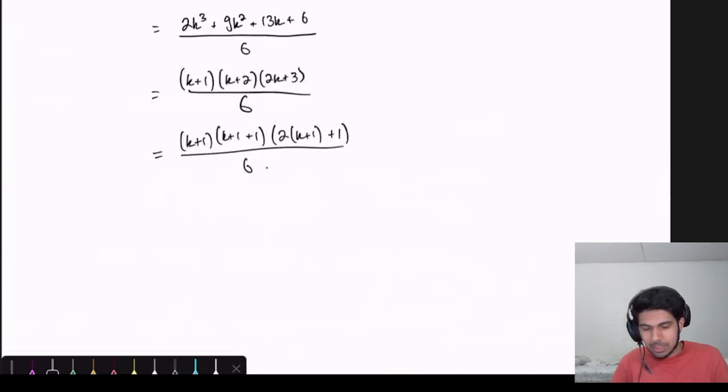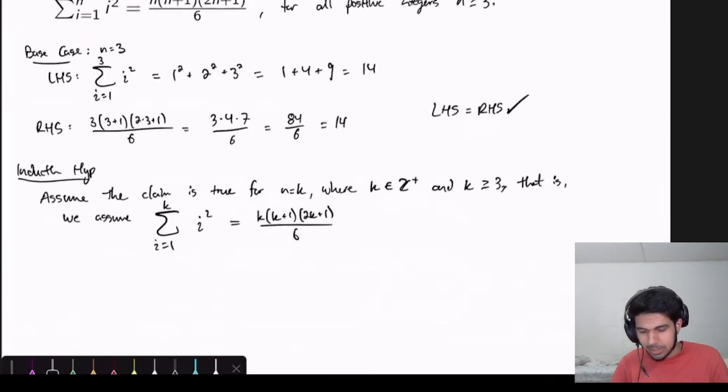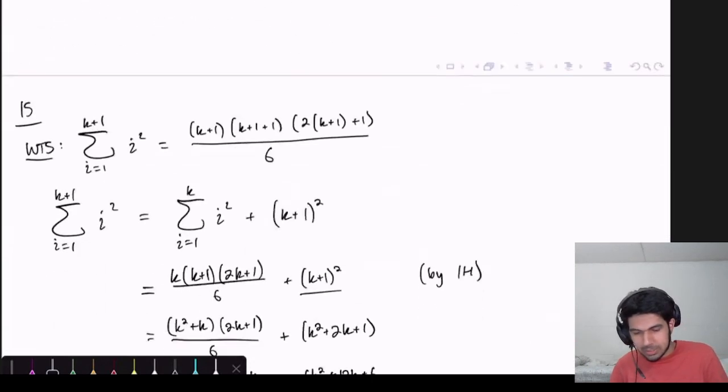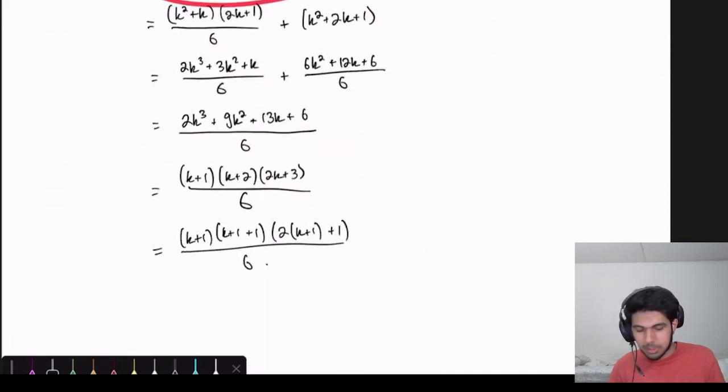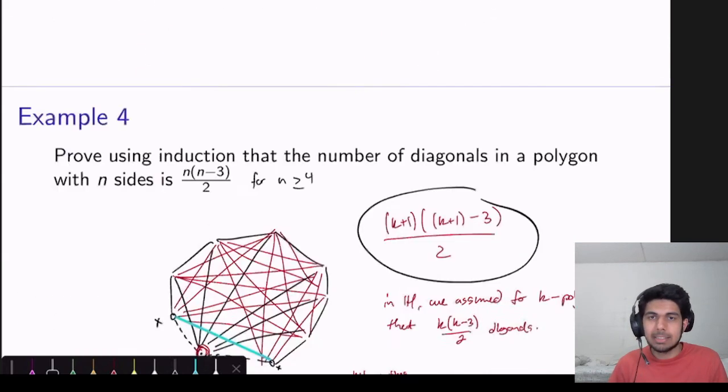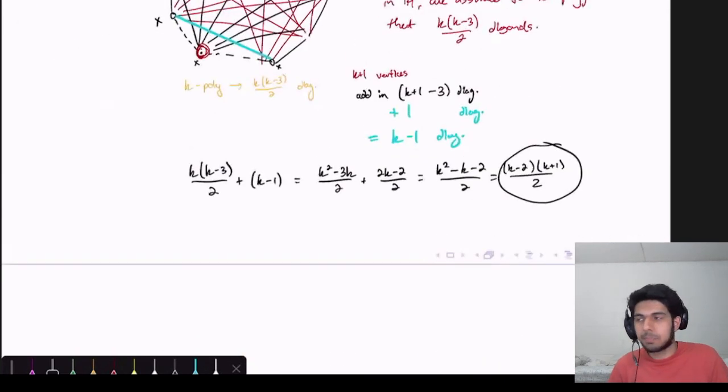So it's a similar technique here where we took the summation, we reduced it to the k problem, but we had something else with it. Once we reduced it to the k problem, we did the substitution, and then we built back up until we got to what we wanted. That's the general idea of induction.